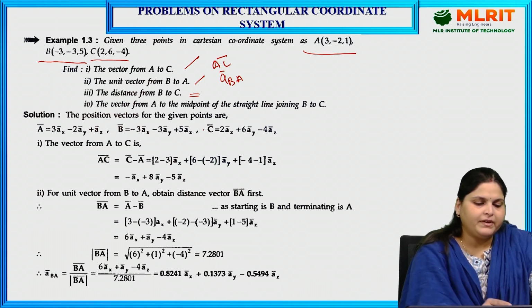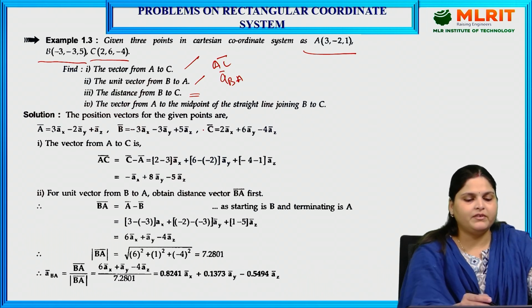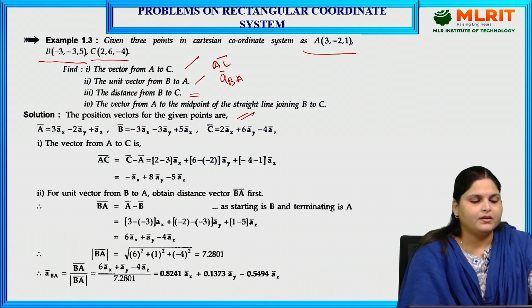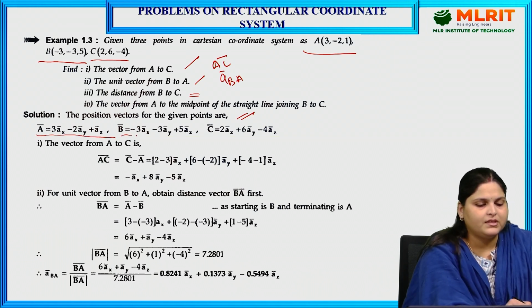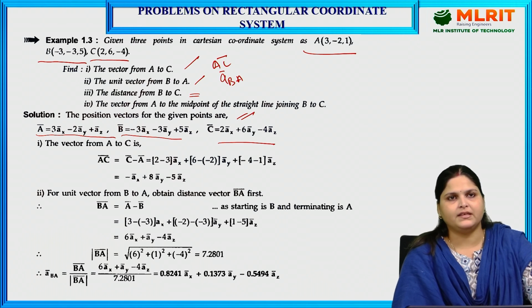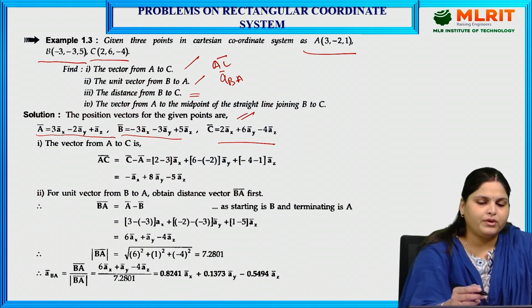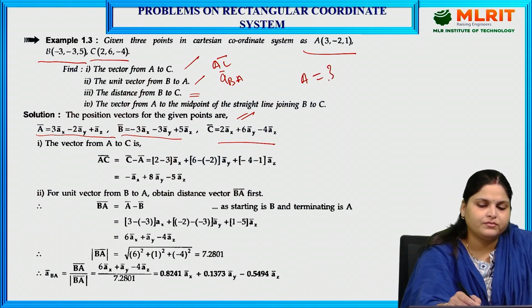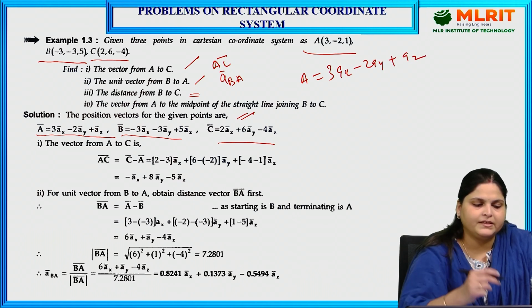The position vector for the given points is this. Just like the second question, we need to write equations for A, B and C. So A we can write as 3ax minus 2ay plus az.